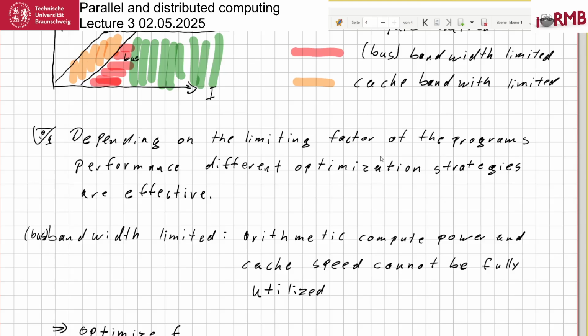You are limited by your bus, yeah. So what you would try to do is to use your bus less, and you use your bus less if you make your program better in using its cache. I mean, reusing data more often, so less using the bus.